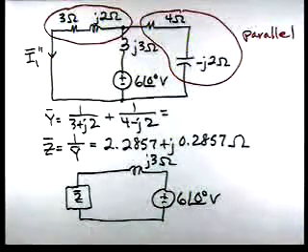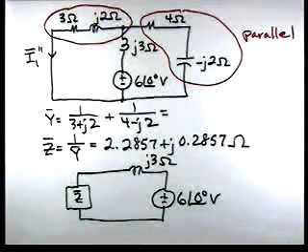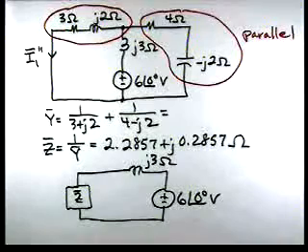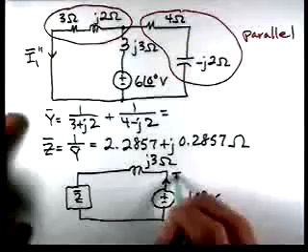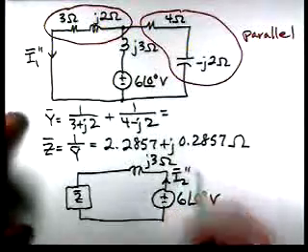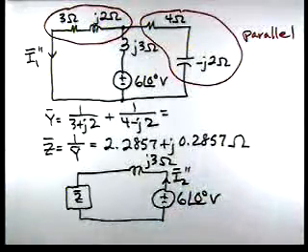We've lost the current I1 double prime at this point, because when we combine those two impedances in parallel, we lost that. So let's call this current I2 double prime and calculate it first.